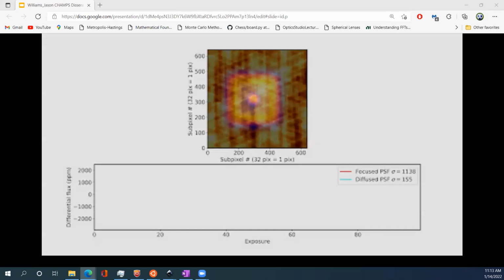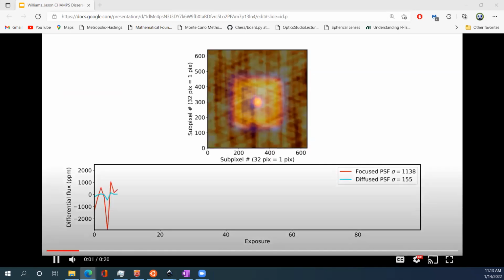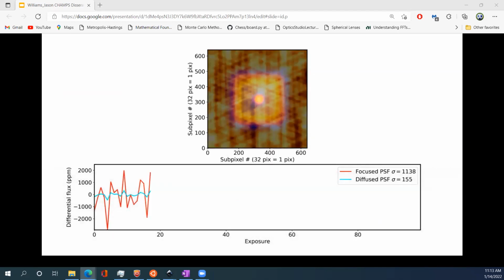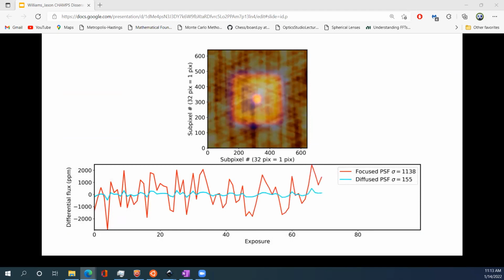Hopefully this next video shows a simulation of what I've done. I've placed a typical 2 pixel wide Gaussian PSF, and then a diffuse PSF that's about a 10 pixel wide top hat. I move them to the same locations and record the differential flux.